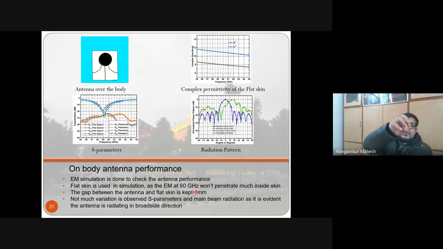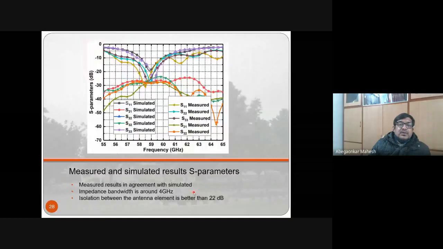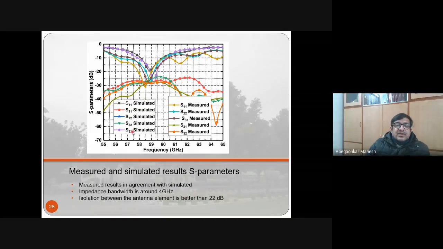So these are the measured and simulated scattering parameters S11, S22, S33, as well as the mutual coupling S21, S32, and so on. What we see is that the simulated and measured values match nicely. So measured results are in general agreement with the simulated ones.